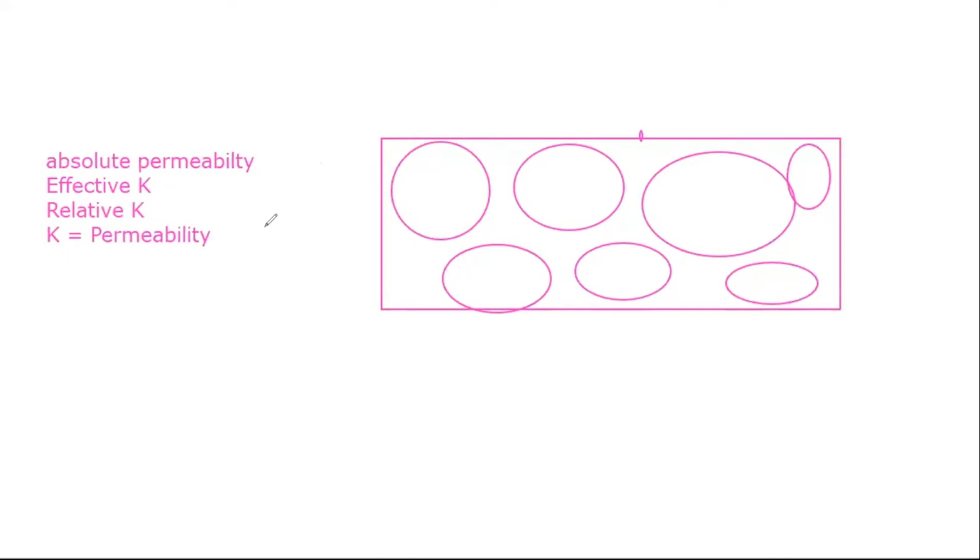Now, for example, we have oil going from this side to this side.